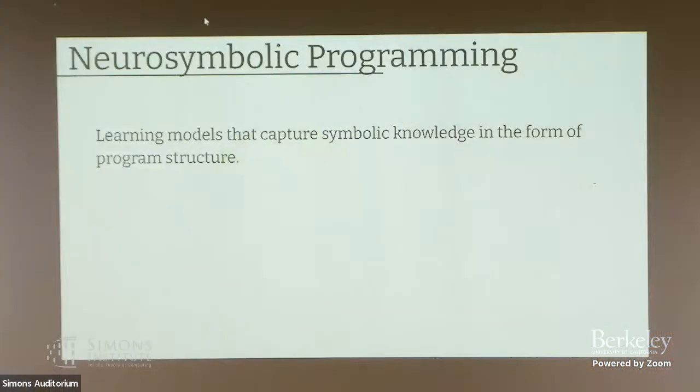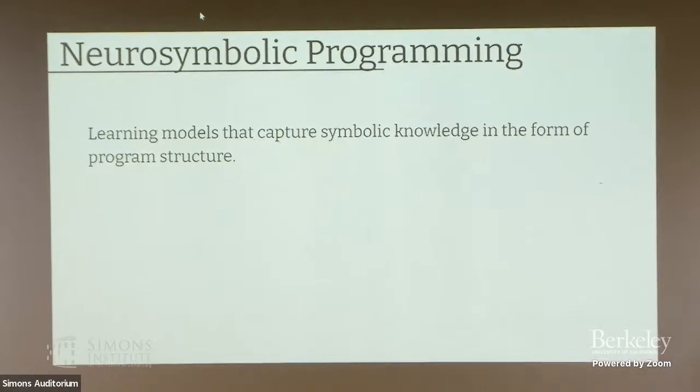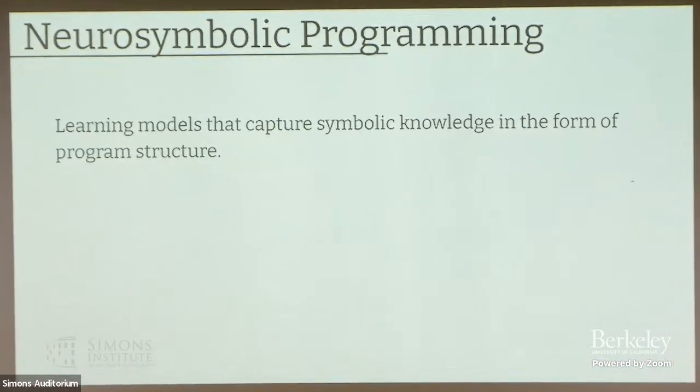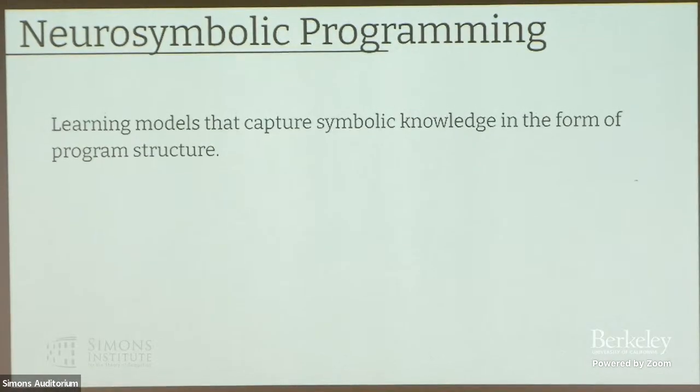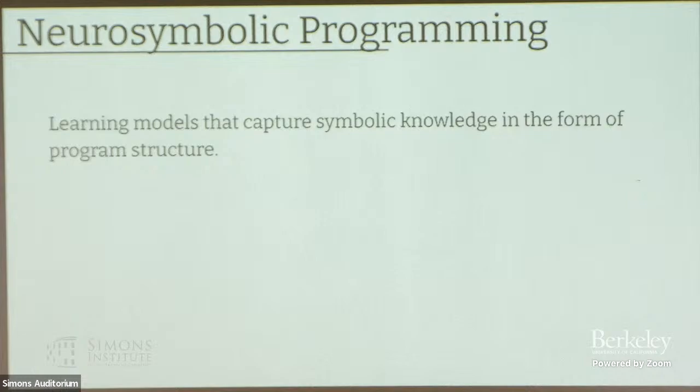So at the very high level, our goal is we want to be able to learn models, but in a way that allows us to capture symbolic knowledge about the world, and in particular, symbolic knowledge in the form of program structure. We want to be able to learn things that look like programs, or at least that have part of them that look like programs.